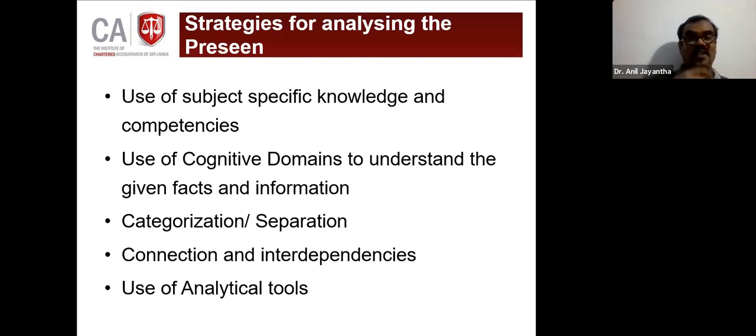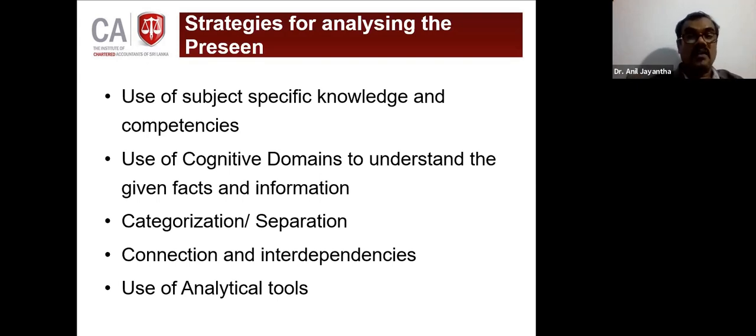Then to do that, you need to have good strategies for analyzing the preseen. So before going to unseen, you have a 1 month time period to analyze. In what way? Number one is, as I just told you, reading. You can start reading by skimming first. The first reading is the skimming, just read it, non-stop reading without thinking much. Then detailed reading, reading with highlighting, deep reading with making additional notes, reading with some additional interpretation.